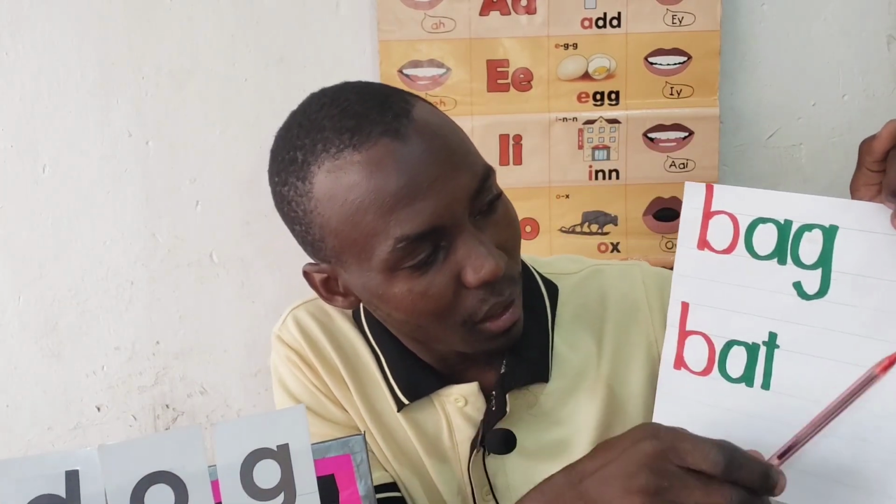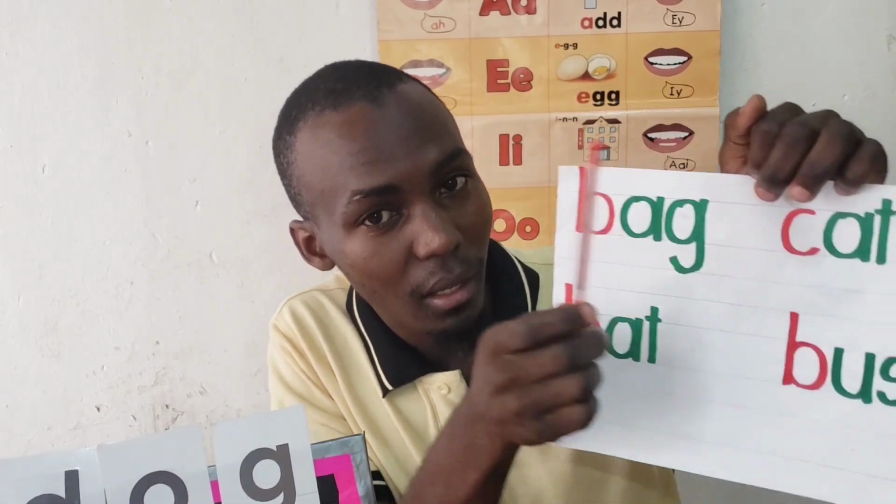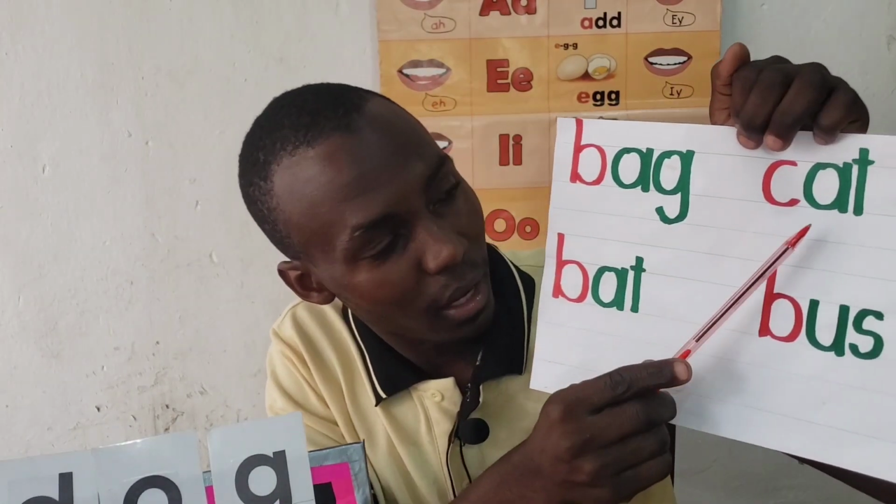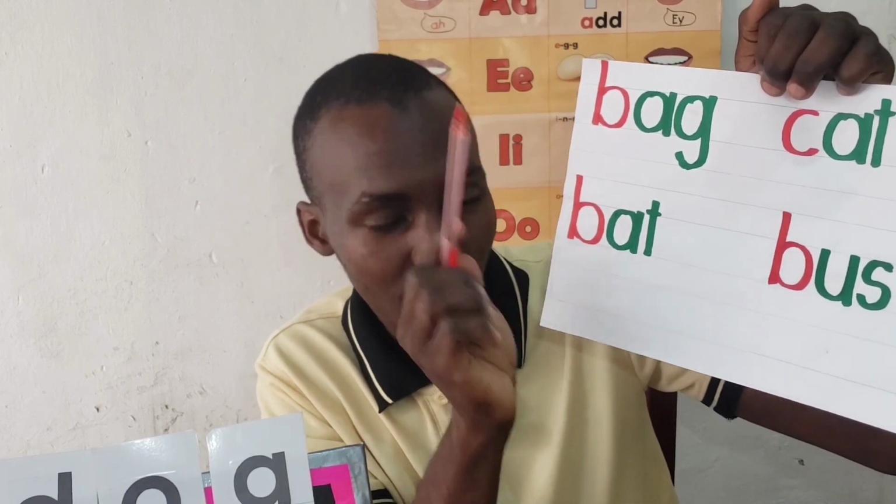For example, we have the words bag, cat, bat, and bus. Here we are identifying the first sound, so you can tell your child to circle the words that have the same sound at the beginning.